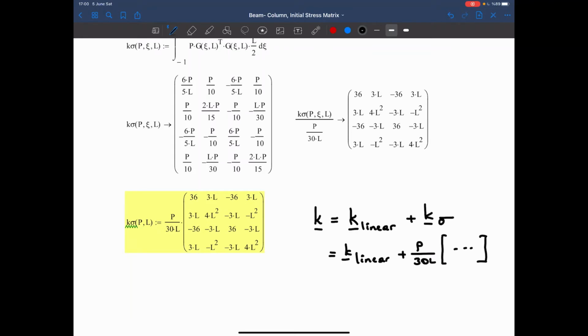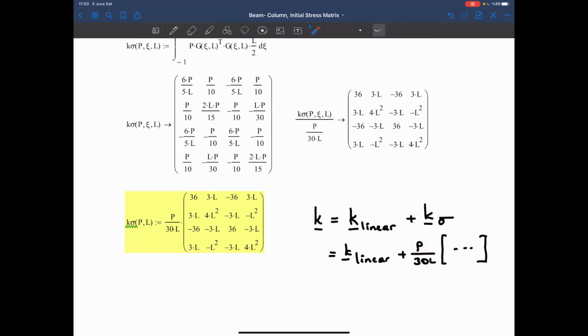What's important here is that when P is positive, meaning it's in tension, these coefficients will increase the stiffness for bending. When P is negative, as you can guess, it will reduce the stiffness. It will make your beam more flexible.